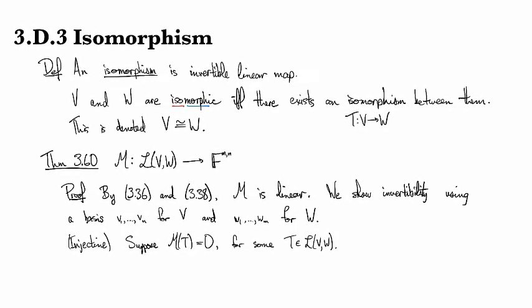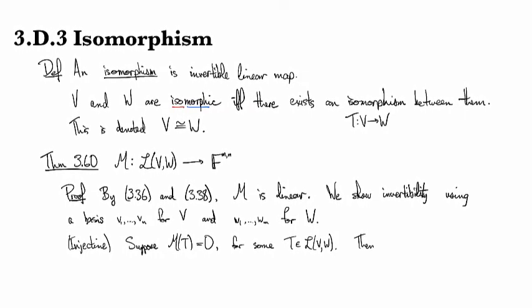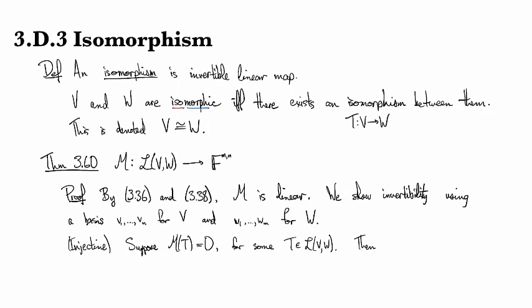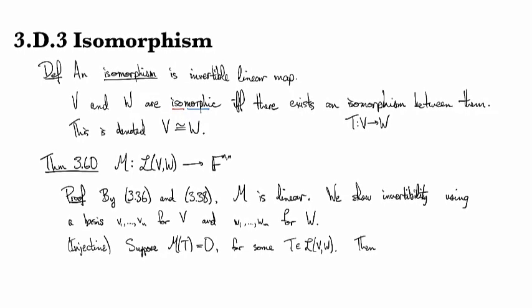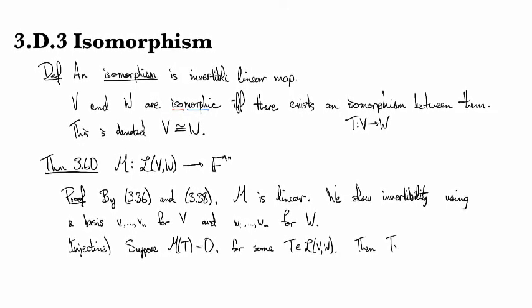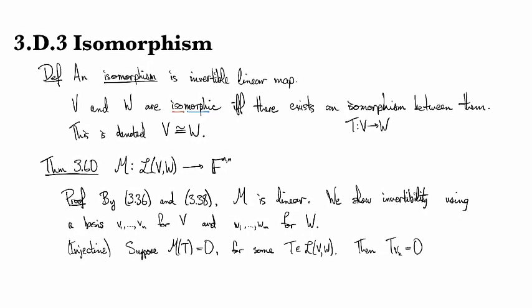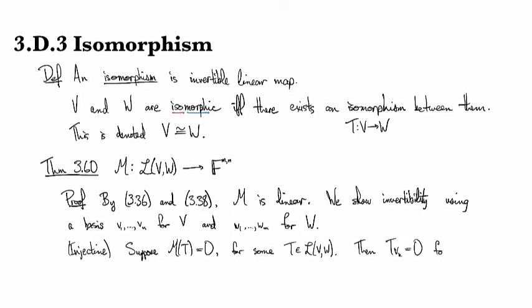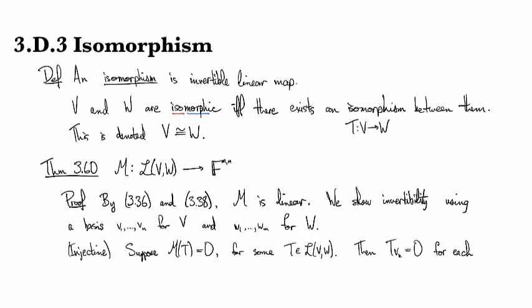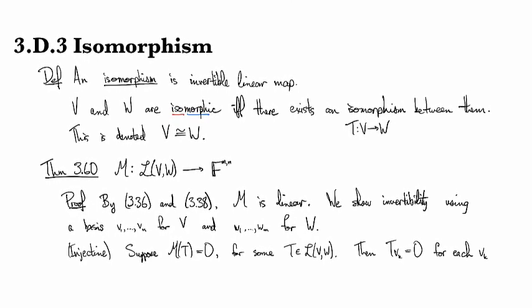If the matrix for T is equal to 0, then by the definition of the matrix of a transform, T V_k has to be equal to 0 for every element of the basis.